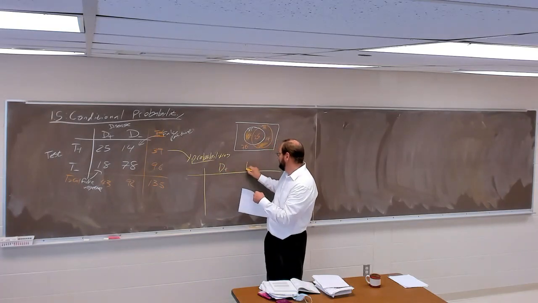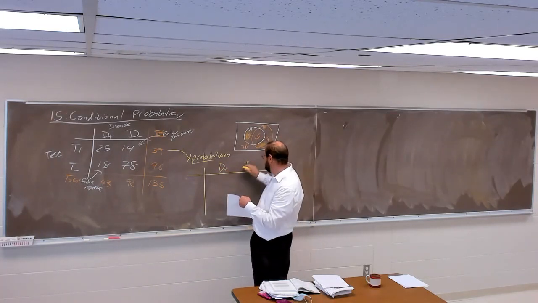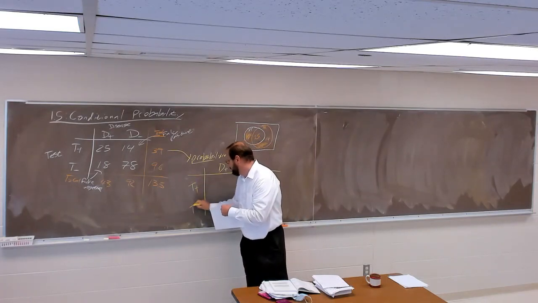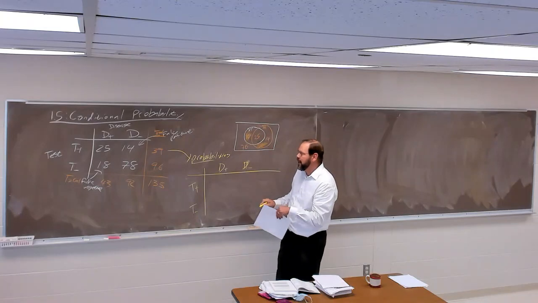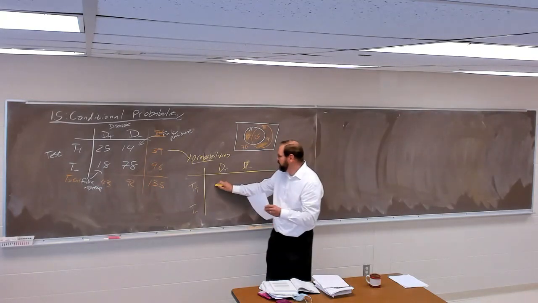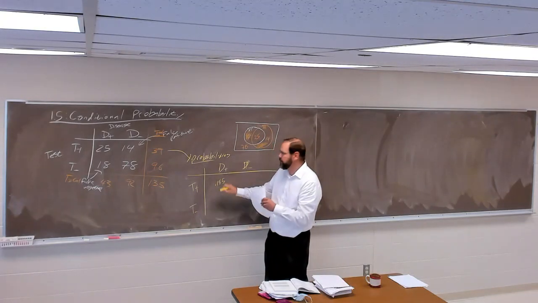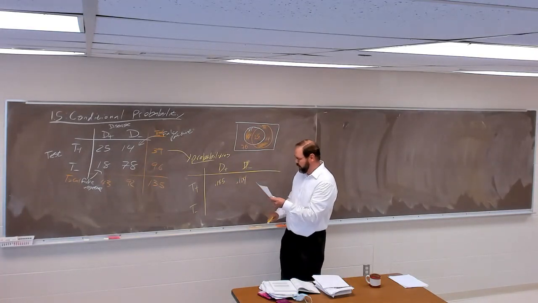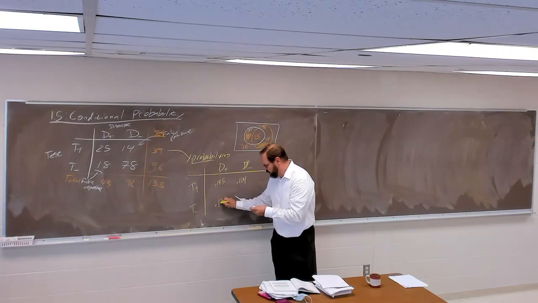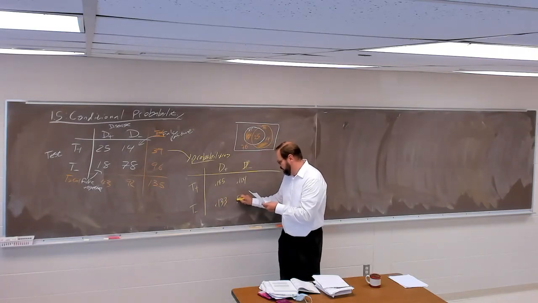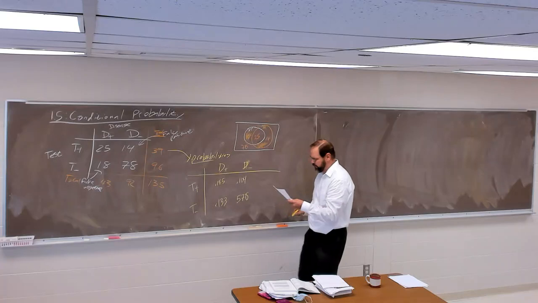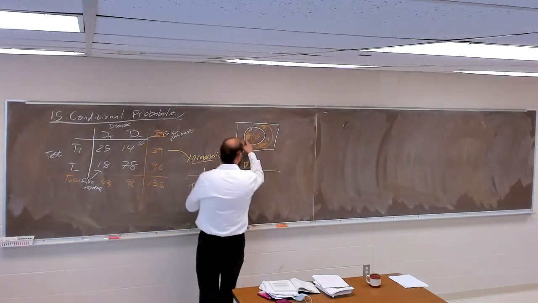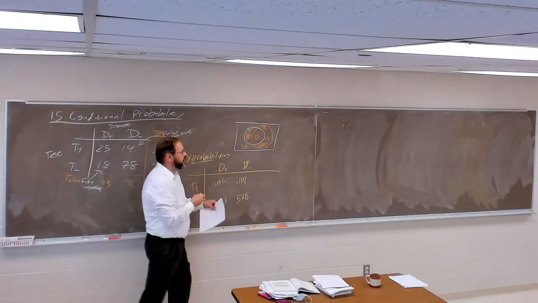How would I do that? Well, I could get numbers like 0.185, 0.104, 0.133, and 0.578. And that would be translating these numbers here.